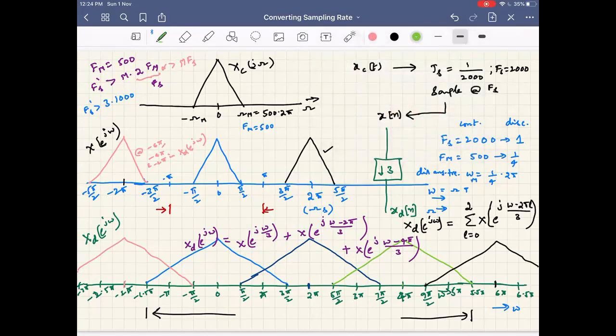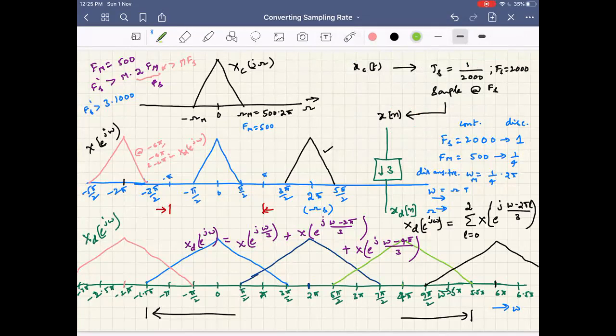We know we are downsampling by 3 times, so to avoid aliasing after downsampling, the spectrum has to be from minus pi to pi.